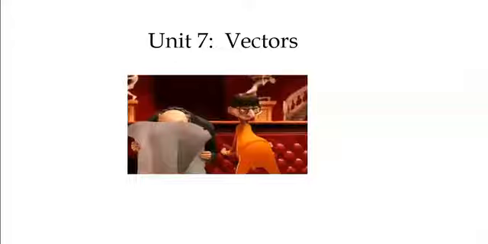So that is Victor the Vector, and he is a vector because he has both magnitude, that's a force, and he has a certain direction he's going, and that is the definition of a vector.